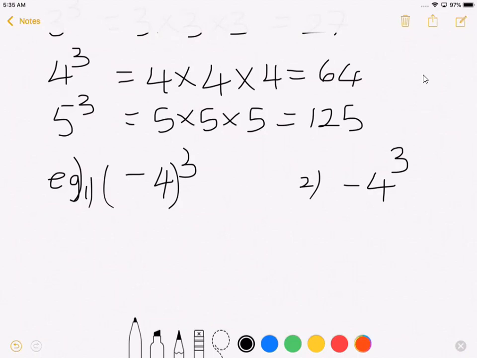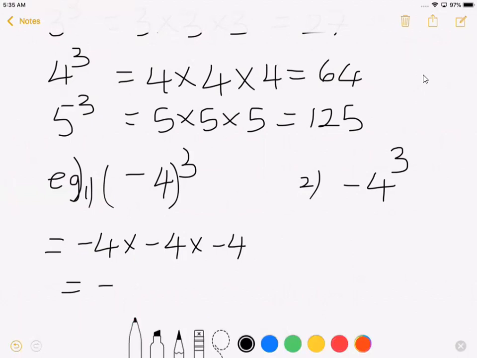So we are saying multiply minus 4 by itself 3 times, which is minus 4 multiplied by minus 4 multiplied by minus 4. A minus multiplied by a minus is a positive. A positive multiplied by a minus is a negative. So your answer is negative.